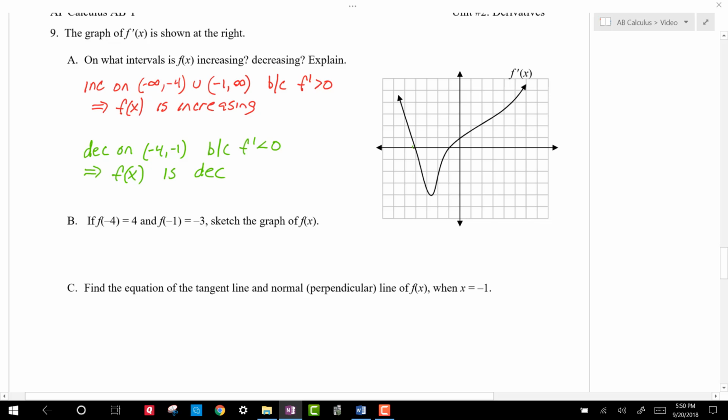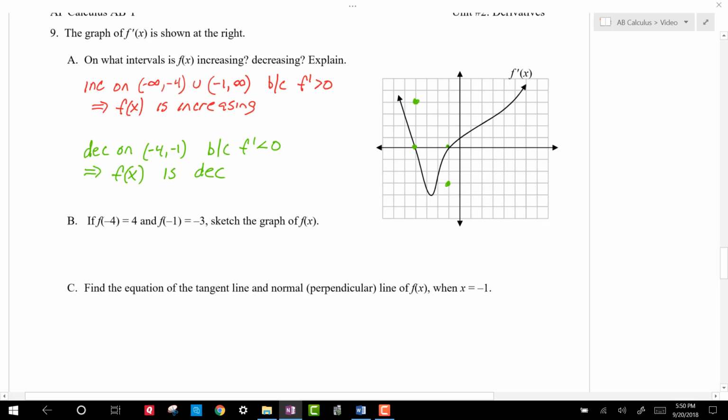Look at that, that's where my derivative is equal to 0. So if my derivative is 0 right there, that point has to be a max or a min. We'll talk about that in a second. f of negative 1 equals negative 3: 1, 2, 3. Notice right there, my derivative again is 0, so that's got to be a max or a min.